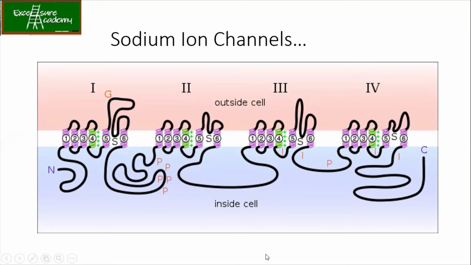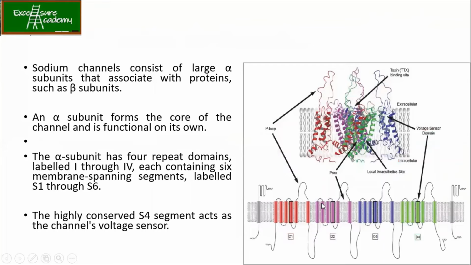Can you see? Here also look, 1 2 3 4 5 6, 1 2 3 4 5 6. You have 6 helices in each domain, and together they form your sodium ion channel.